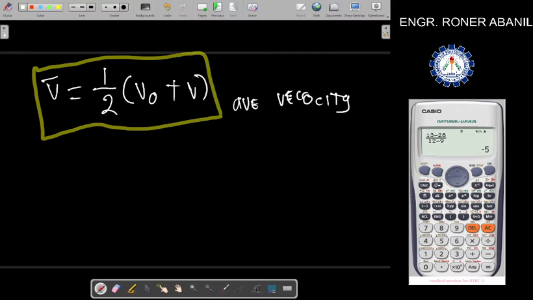So, tandaan nyo lang to na formulang to is hindi to pwedeng gamitin sa mga merong nagche-change na acceleration, no? So, magagamit mo lang 'to kapag yung acceleration is constant, okay.